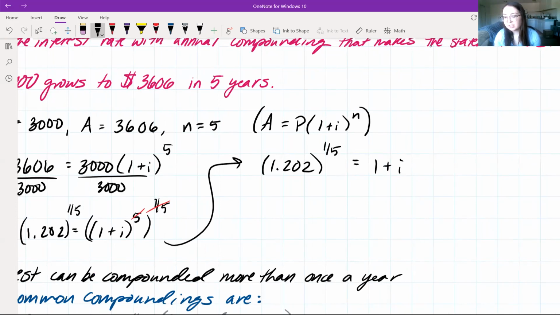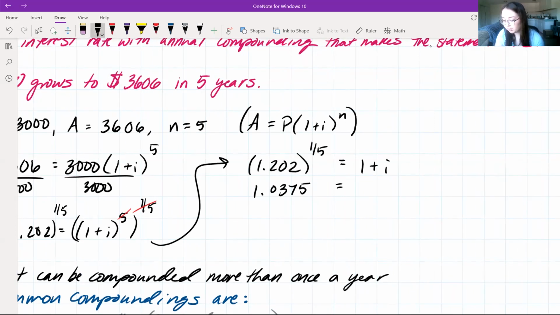So now we've simplified down, so we don't have anything really manipulating I anymore. We'll just need to subtract that 1, but we really want to find what 1.202 to the 1/5 power is. So if we end up calculating that, we end up getting 1.0375.